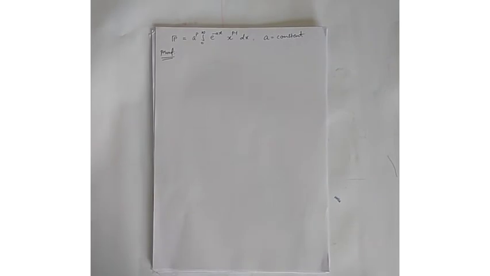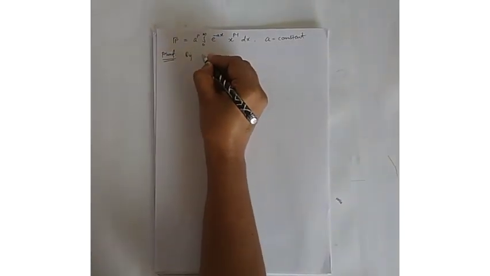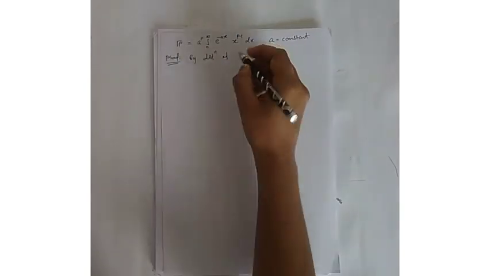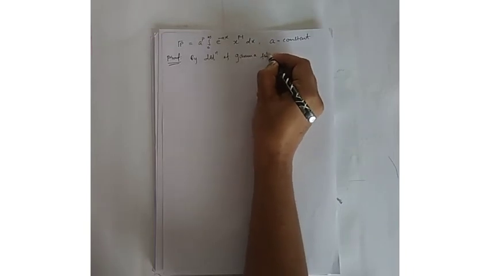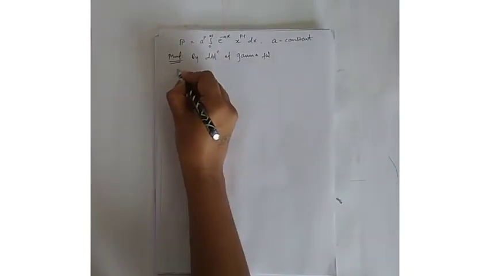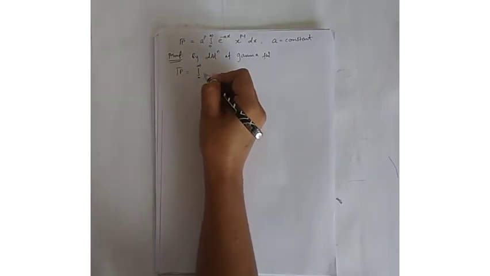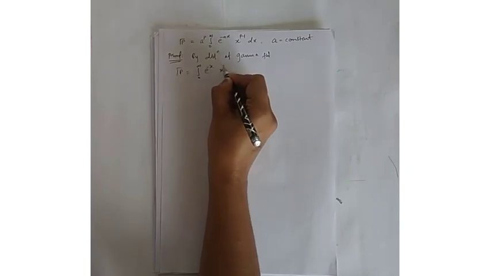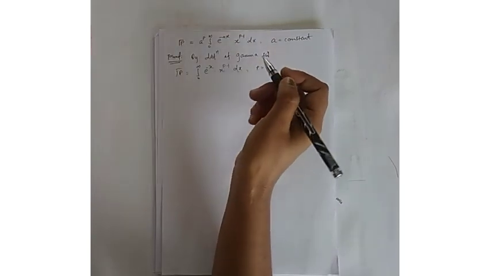By definition of the gamma function, gamma p is equal to integration with limit 0 to infinity e raised to minus x into x raised to p minus 1 dx, where p is greater than 0.